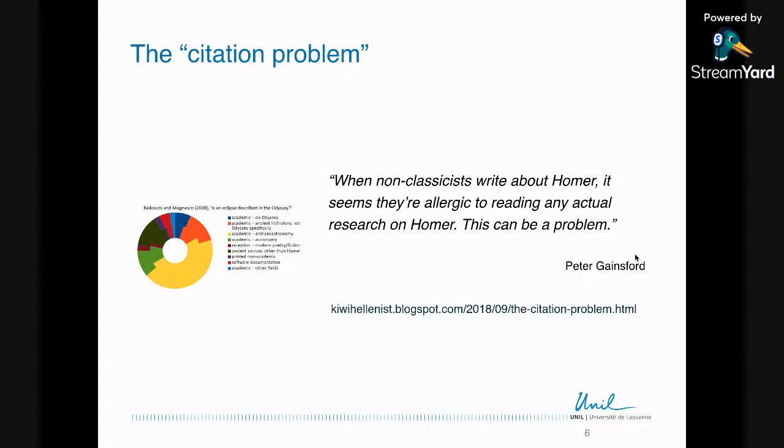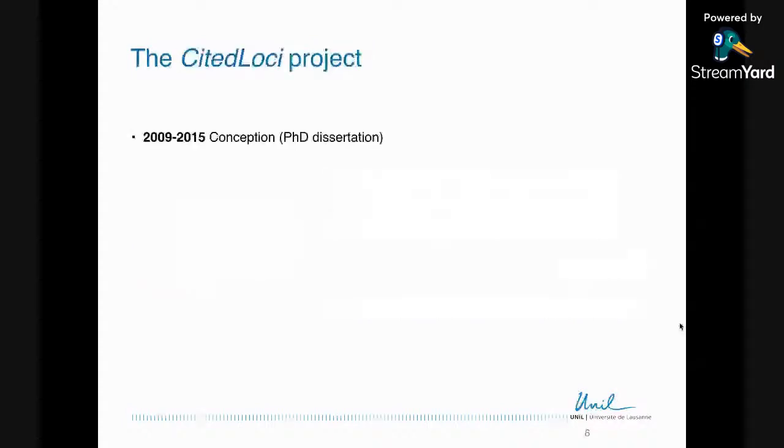I don't have yet something similar for classics, but if we try to prospect on the longer run this work of Cited Loci, I think that would be the goal of having a citation index that actually works well for classicists because it's indexing not only secondary, but also primary literature. And if you're interested in this, there is an article that is also in the readings for today's session.